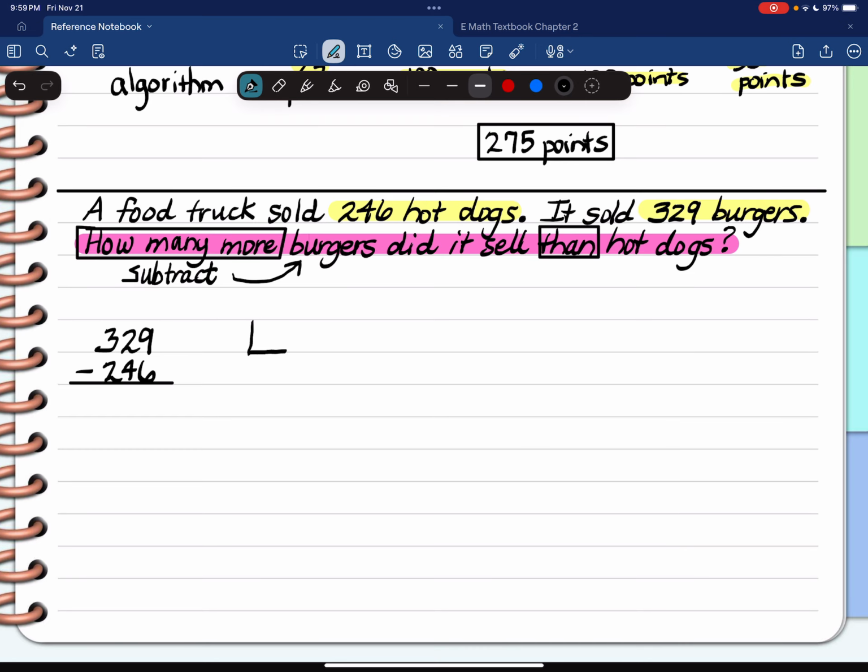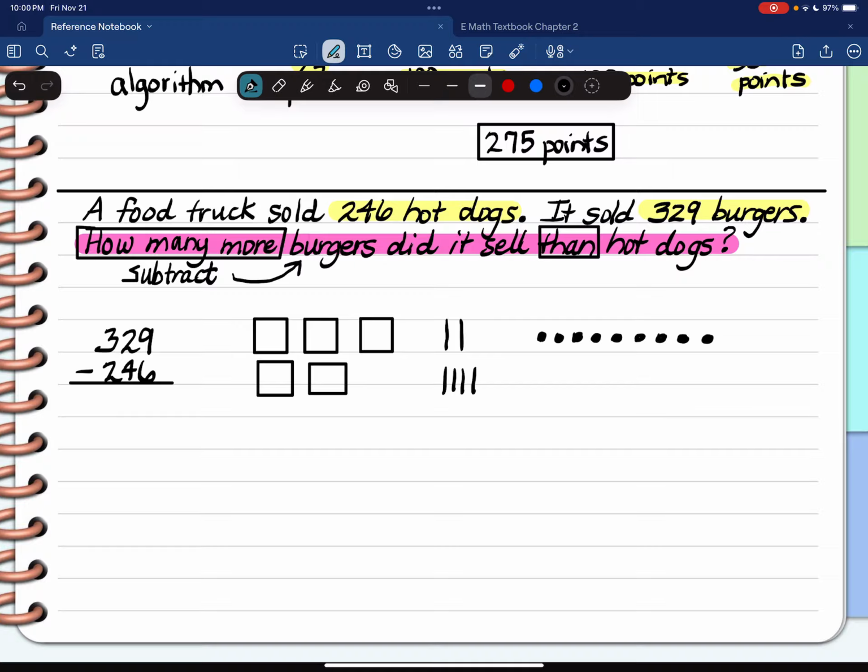So this one would be 3 flats. You don't have to make them perfect. You're sketching. 2 rods and 9 cubes. And then we have 2 flats, 4 rods and 6 cubes.